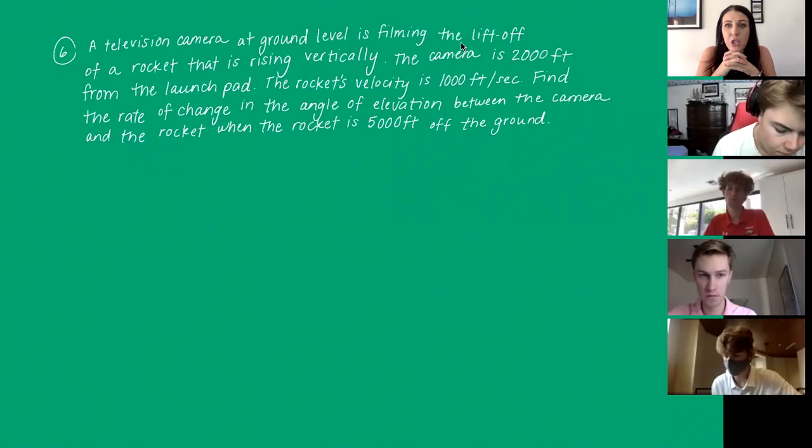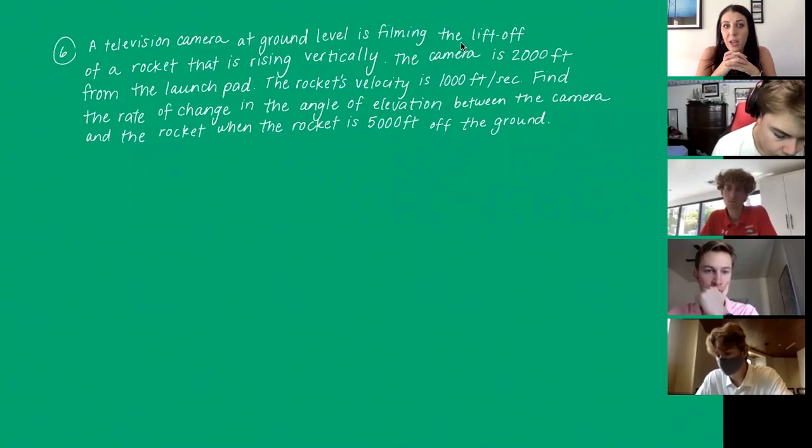The camera is 2,000 feet from the launch pad. The rocket's velocity is 1,000 feet per second. Find the rate of change in the angle of elevation between the camera and the rocket when the rocket is 5,000 feet off the ground.